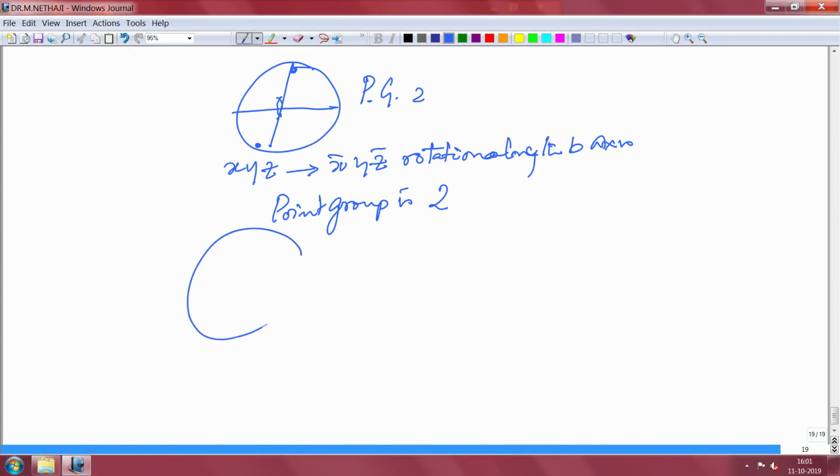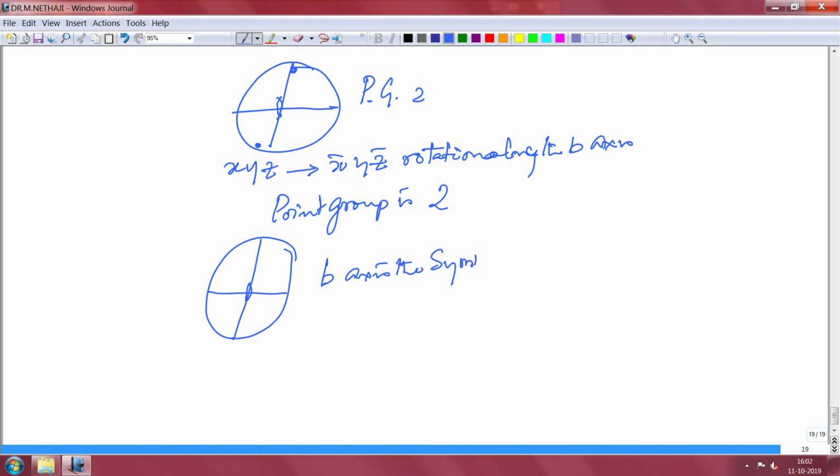Now let us take the next one. This is my rotation axis, the B axis, the symmetry axis, and the AC plane is the mirror plane.